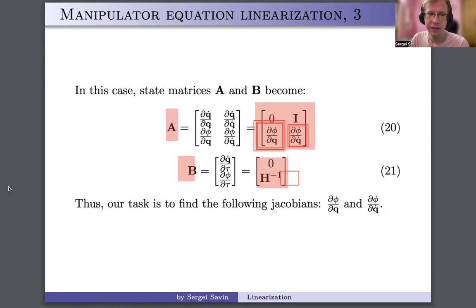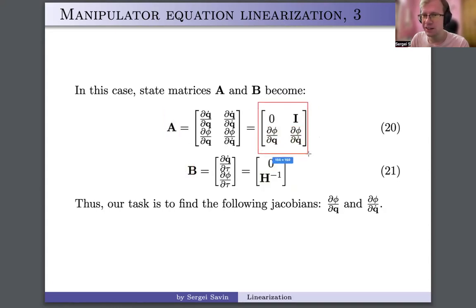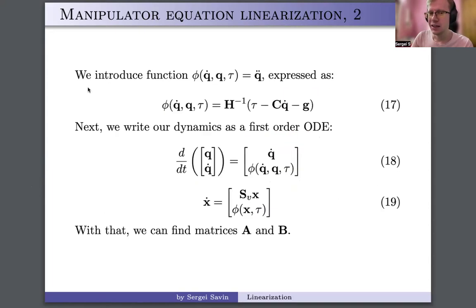Overall, if you don't like this, if you say, okay, I don't want to deal with it, you can go back here, look at this expression, and say, how can we find the linearization, so Jacobians, without doing differentiation. And then you remember the finite difference method.